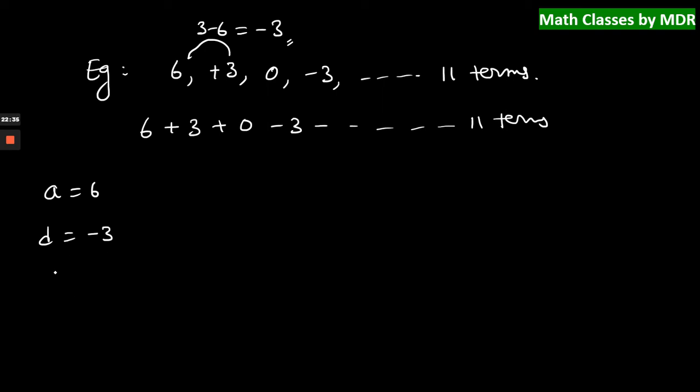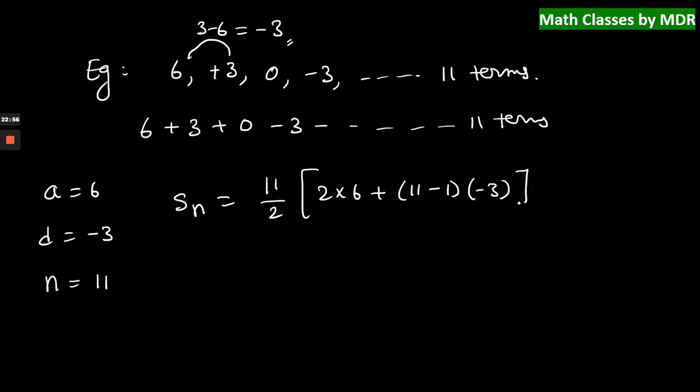So a is 6 and d is minus 3, and how many terms? 11 terms. Right? So the sum of all the terms is 11 by 2 into 2 into 6 plus n minus 1 into d, where 11 minus 1 into d is minus 3.